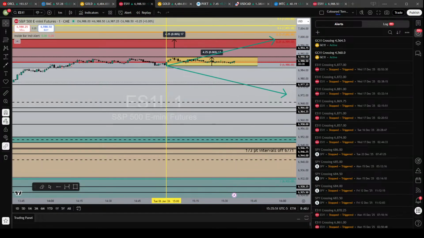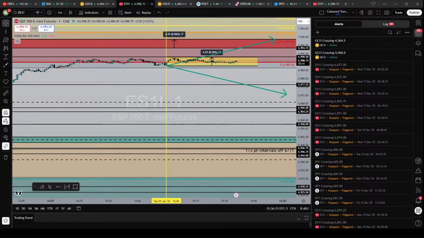But okay, so now that we're approaching the final half hour of the day, let's do some polls, because my max range for today's session was 6999. I still think that we could tag it in real time, maybe, if they can clear this probably before the final 15. When I say clear this, I mean clear 6994.75.